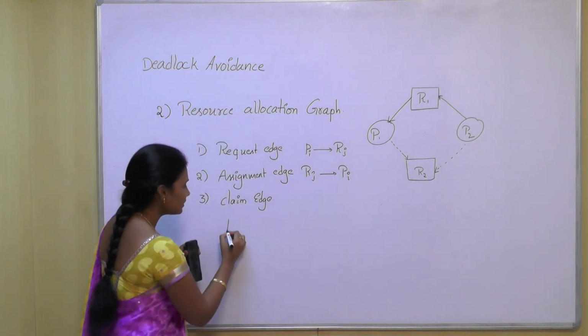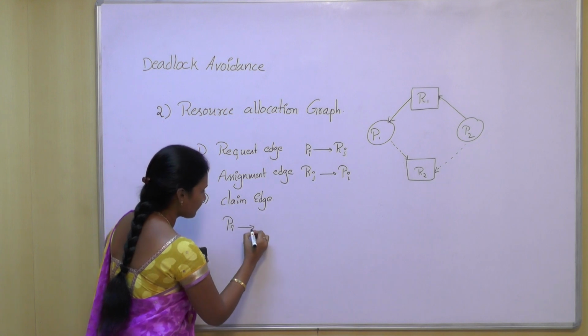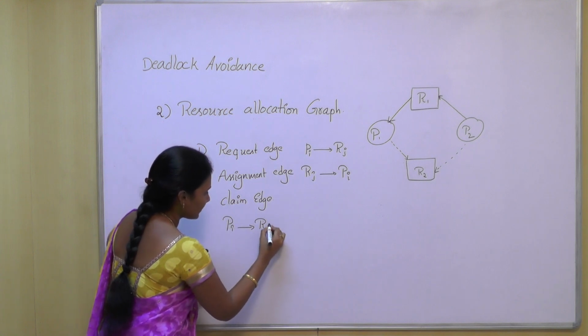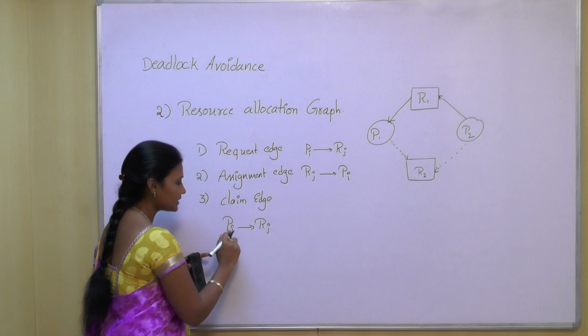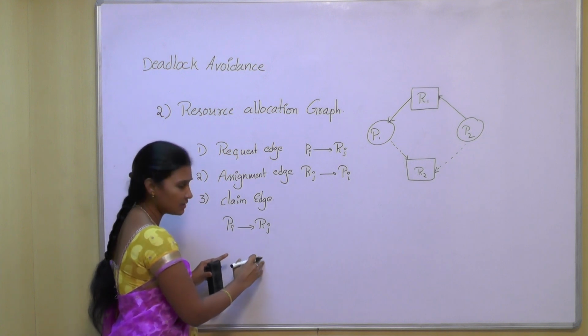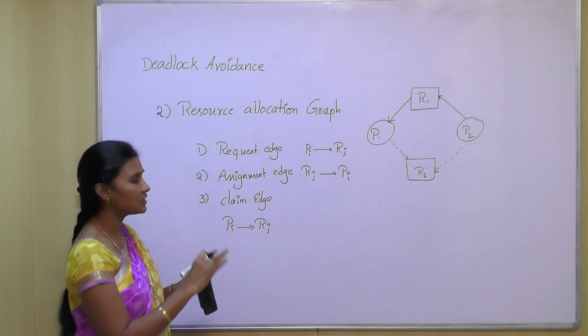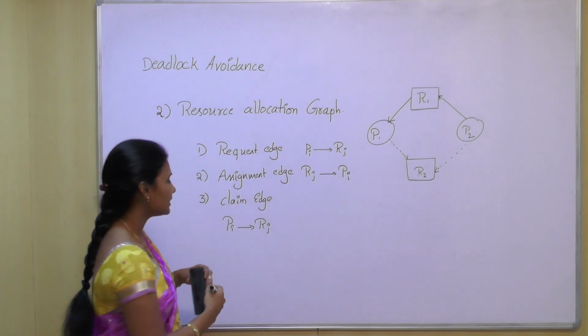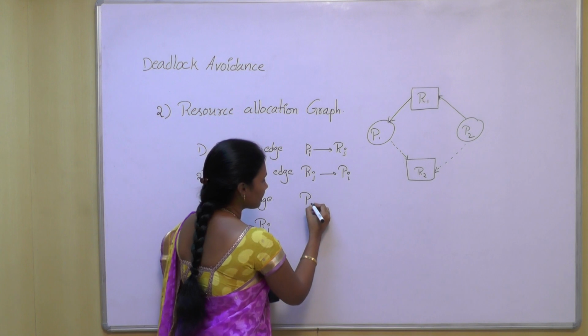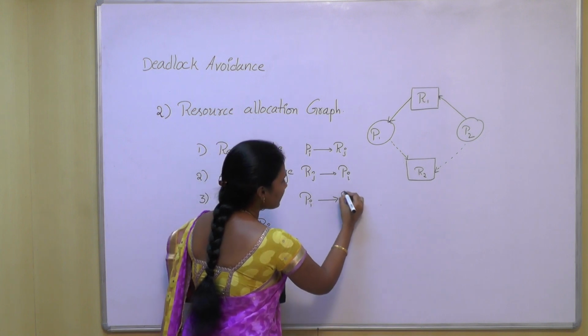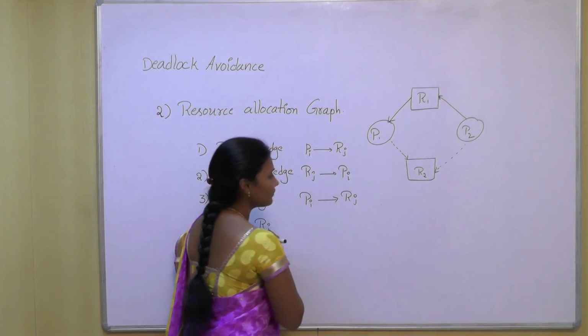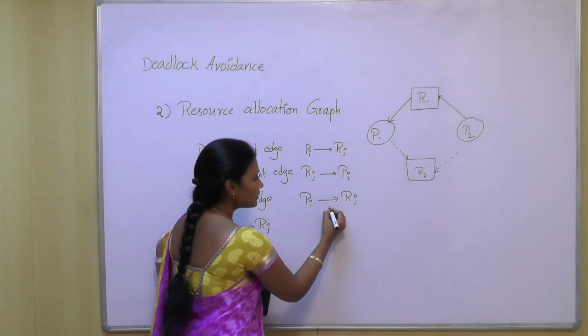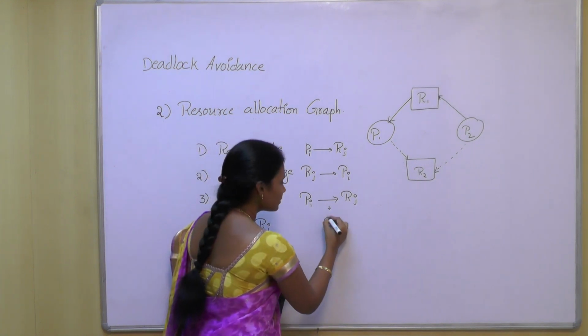A claim edge from process Pi to resource Rj means that process Pi may request the resource at some time in the future. If process Pi requests resource Rj in the future, first the claim edge converts into a request edge.